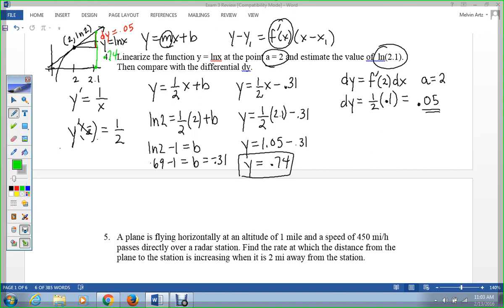So in order to compare our dy with our linearization value, do you see that we would have to add in this actual value? We would have to add in this actual value from here to here.